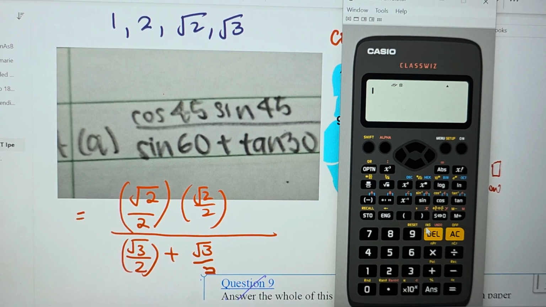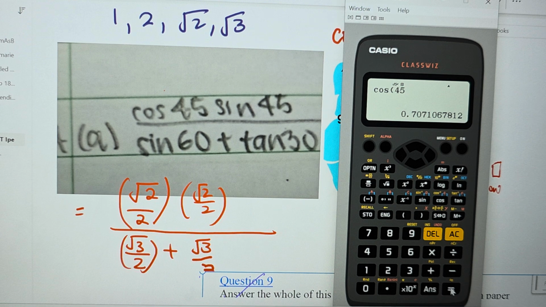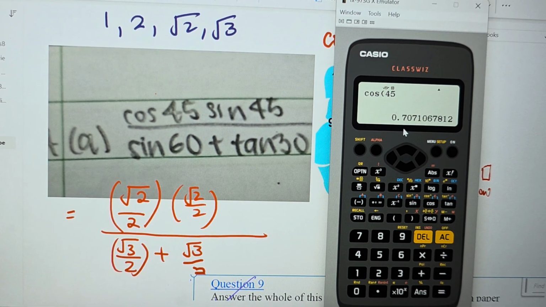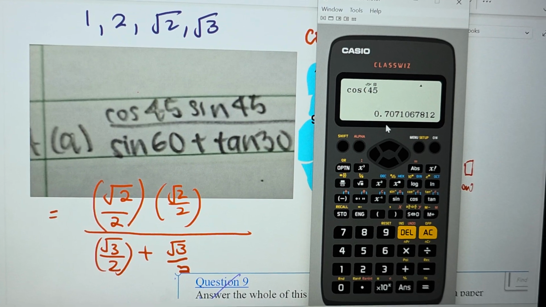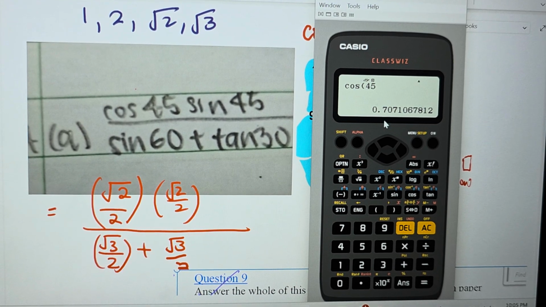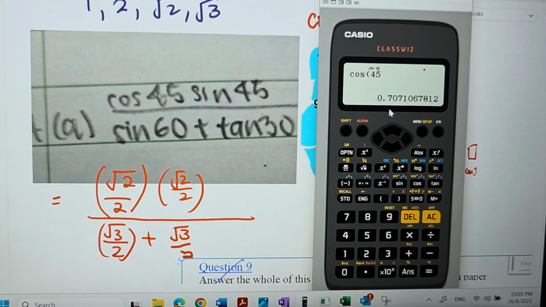You press cosine 45, then you will see that it's an irrational number, 0.70 whatever. Irrational number.